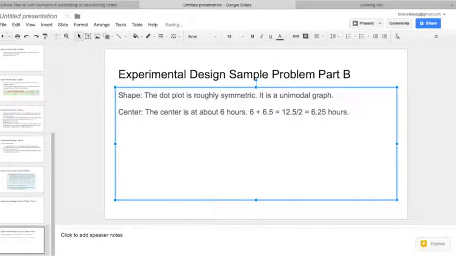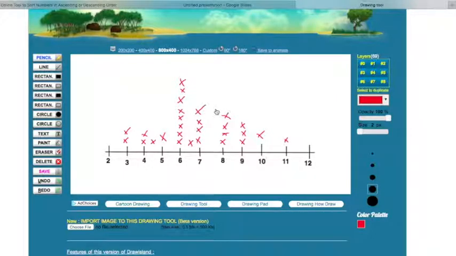We could also say that because the highest point is at 6 hours in the dot plot. Shape, center, spread. For the spread in the dot plot, we're just using the 5-number summary. We just look at the minimum and the maximum. The minimum looks to be about 3 hours, and the maximum looks to be at 11 hours.